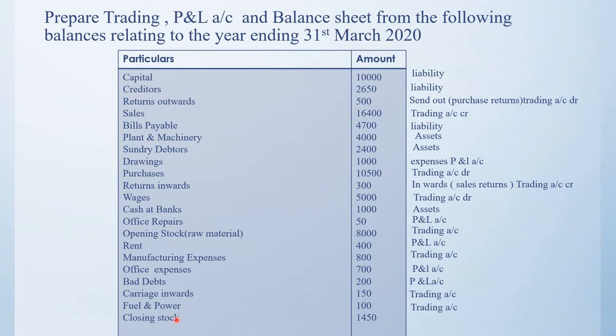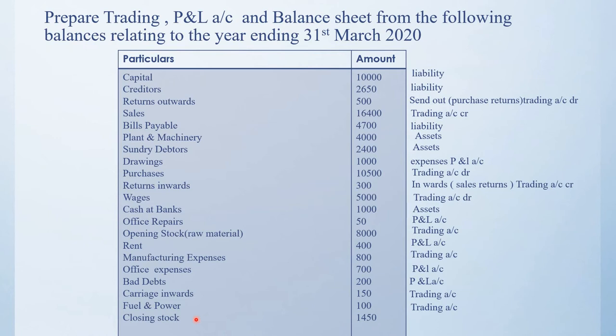And next we have the closing stock. The closing stock will be recorded two times. Why will we record it two times? The meaning of closing stock is unsold stock lying in the business. They can sell that unsold stock in the coming years also.